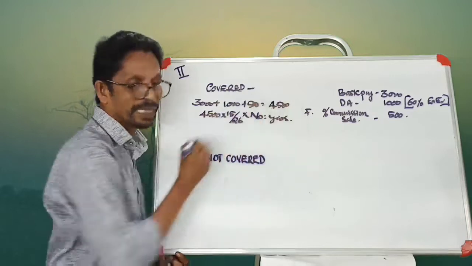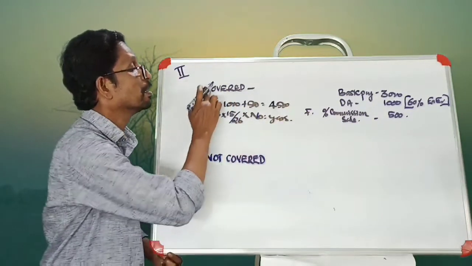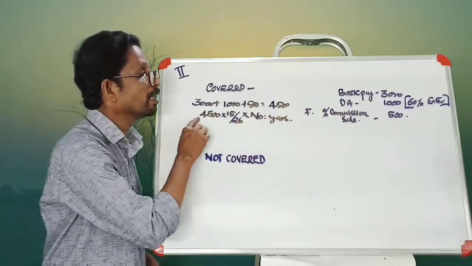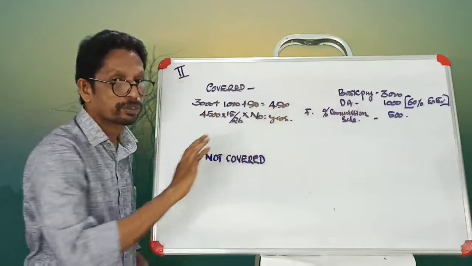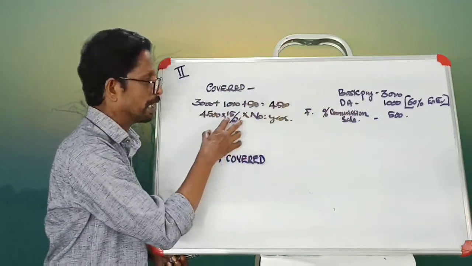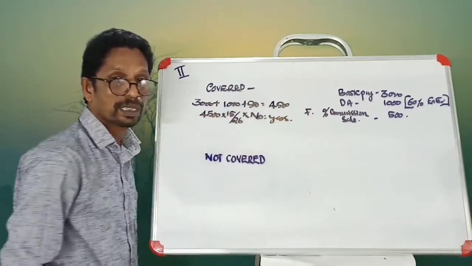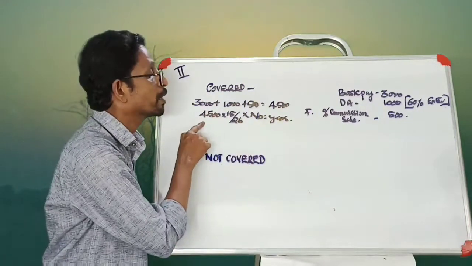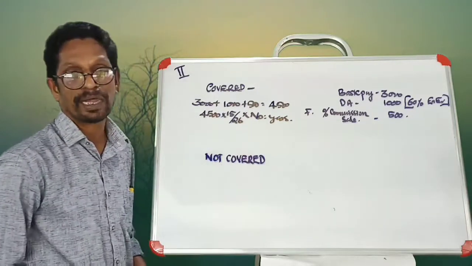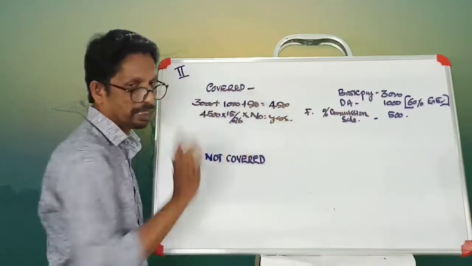In the first category, we do not consider the information about DA. We are taking the full amount here. That is why we got rupees 4,500, into 15 by 26 into number of years.